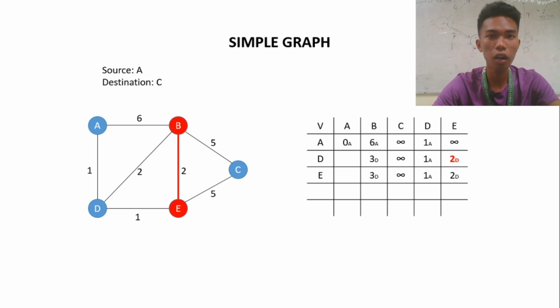Since we already have a smaller distance for vertex B, we don't have to update vertex B. Then, visit the other reachable vertex, which is C. Add the distance of C coming from E, and we would get 7. Now that we have the total weight of C, update it from infinity to 7 coming from A.